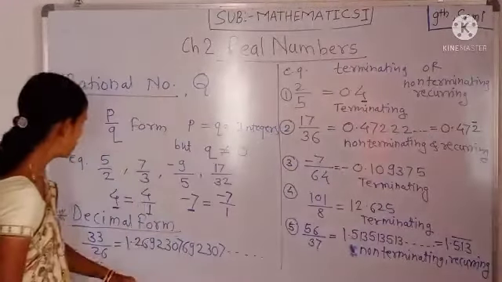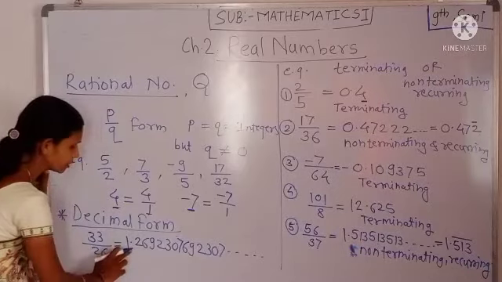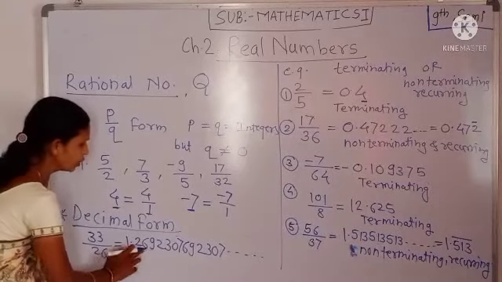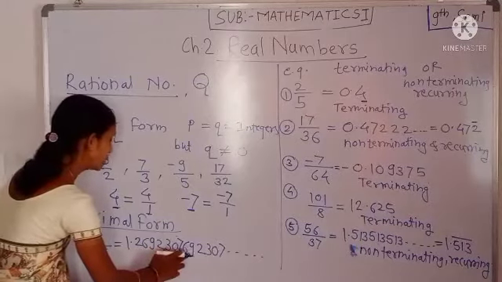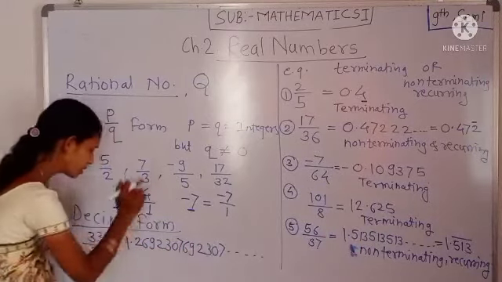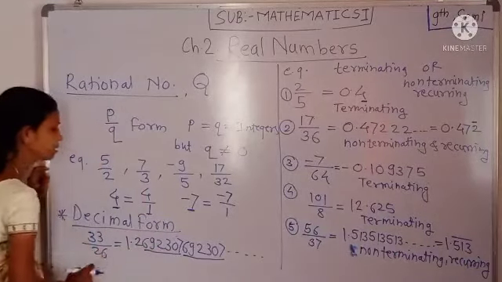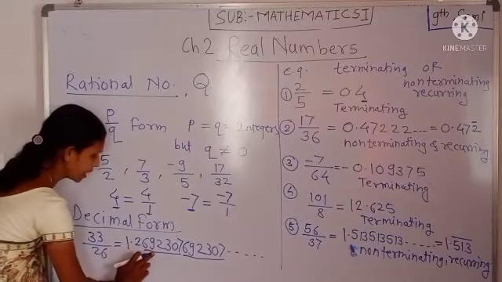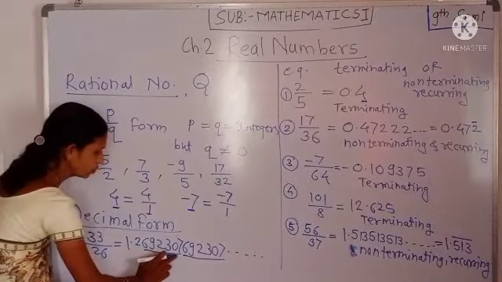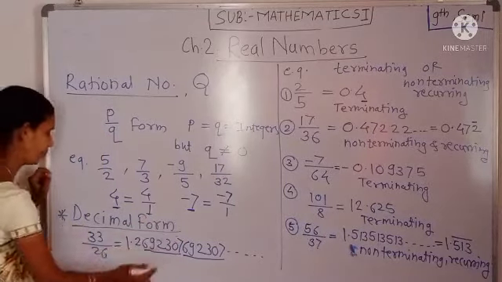Recurring. Similarly, see here 33 upon 26. The decimal form is 1.269230 769230. See here, that set gets repeated, and not just the 2. Only the 769230 set gets repeated.